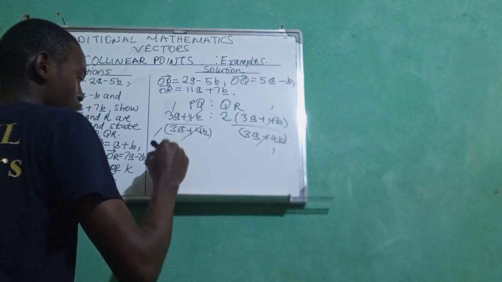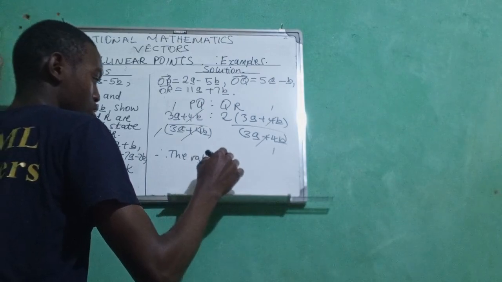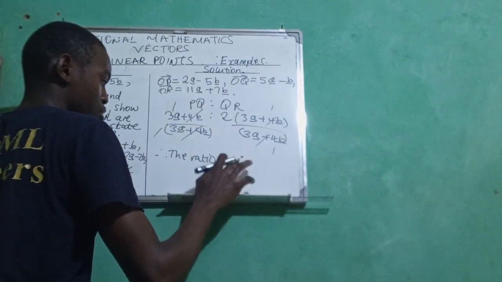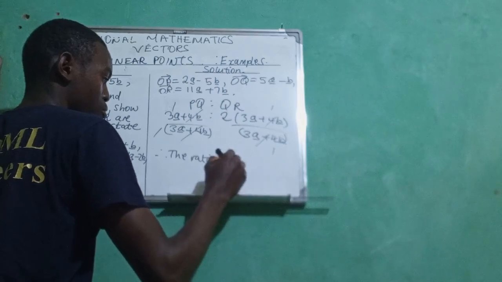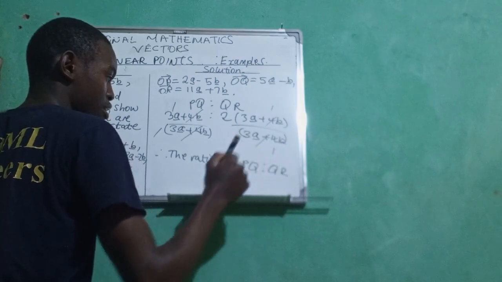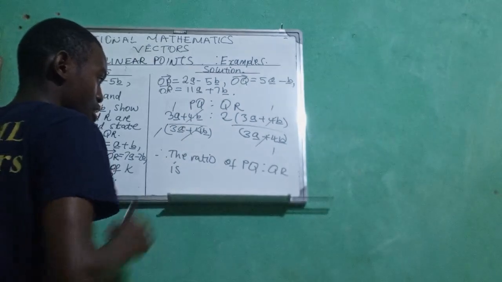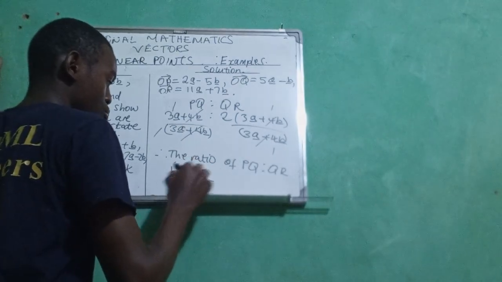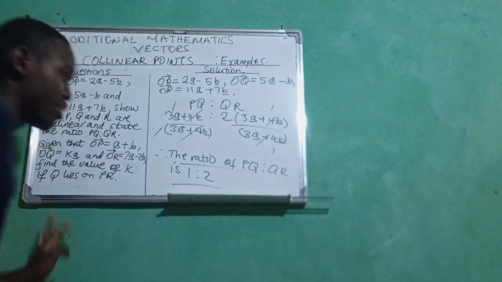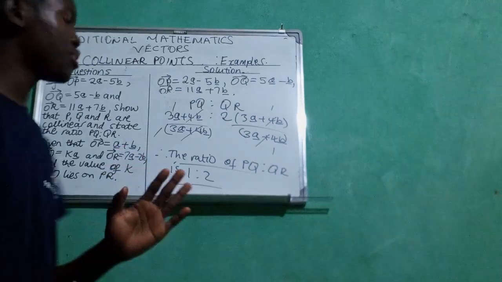You conclude, therefore, the ratio of PQ to QR is 1 to 2. So that's the end of that question.